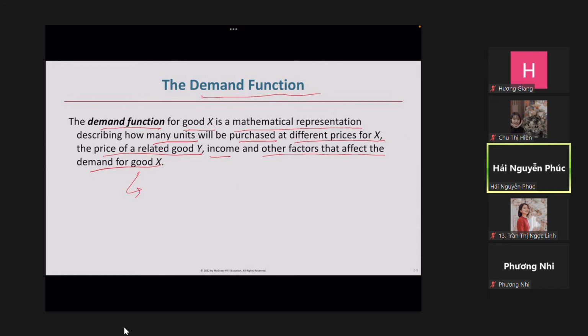Suppose Q is the quantity demanded for good X. It is a function of the price of good X itself, the price of related goods, the income of people, and other factors. Okay. It is our general demand function, right?